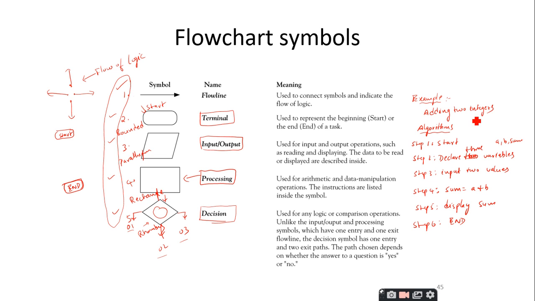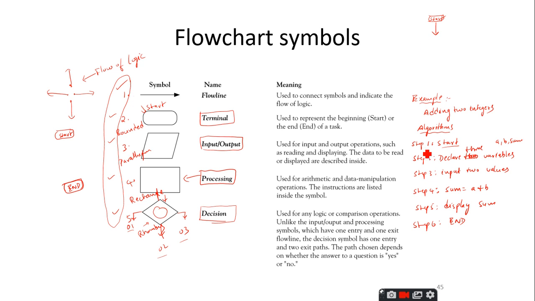For the particular task of adding two integers, I have defined my algorithm with 6 steps, and I need to convert this algorithm into the flowchart. Step 1 is start. The start symbol is represented with the rounded rectangle. I write it like this and name it start. And after start, it should be connected.